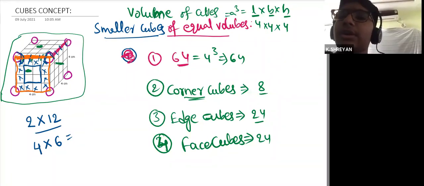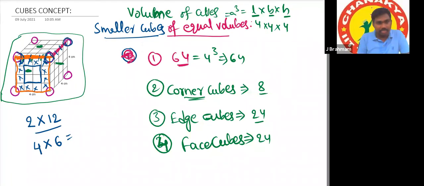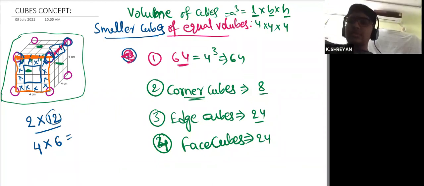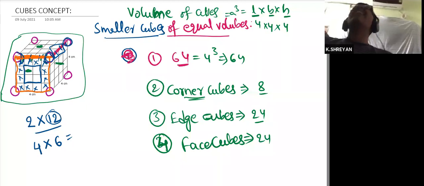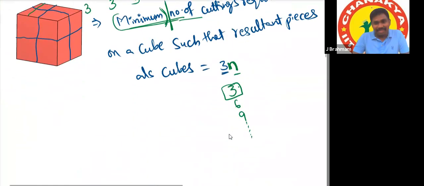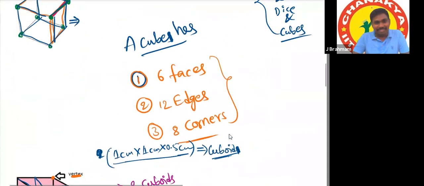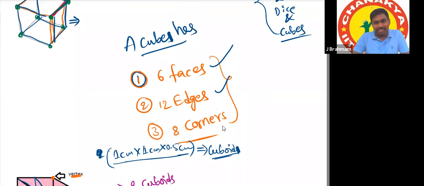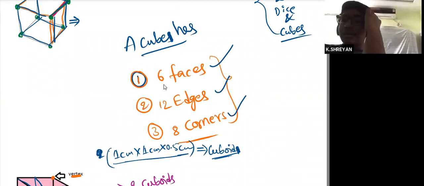Out of those 4 corners, 2 are already considered in corners. Now purely belonging to this edge, how many cubes are there? 2. Total how many edges? 12 edges. I asked you in the first screening only. Yes, 12 edges. That was one confusion.